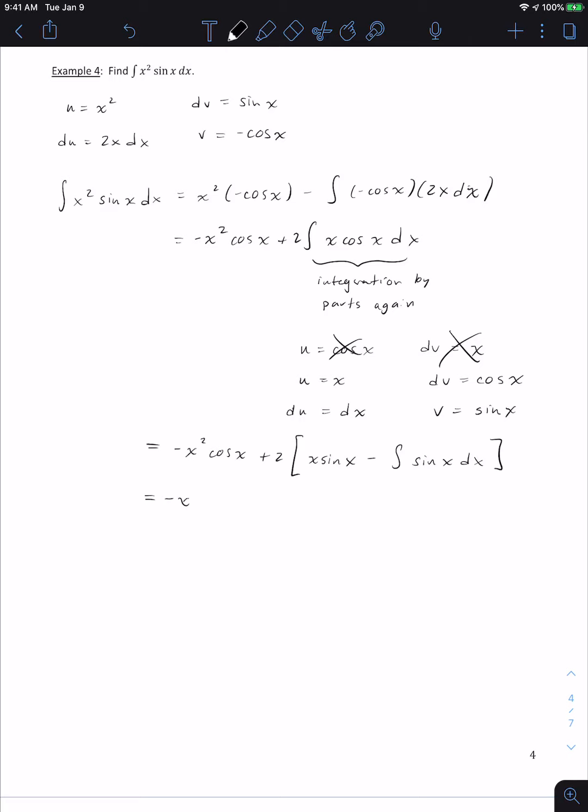All right, so I got minus x squared cosine x plus 2x sine x minus 2 times the integral of sine x dx. So minus x squared cosine x plus 2x sine x minus, now what's the antiderivative of sine? It's minus cosine, so this is plus 2 cosine x plus c.